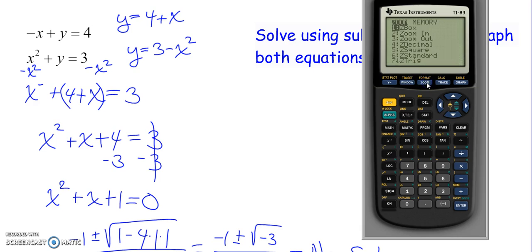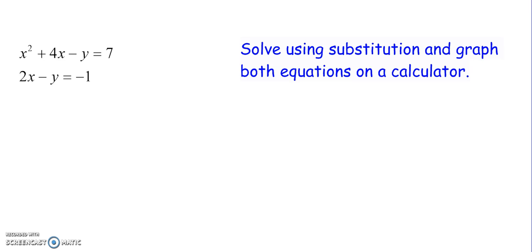I will look at a standard window to start, and I will be looking for where these intersect. Just on first look, I know the first equation is a line, I know the second equation is a parabola, and it looks pretty clear to me that they are not intersecting. Because they're not intersecting is the reason I'm getting no solution. So that's a way to verify on a graphing calculator. We'll look into that a little bit more in this problem as well.